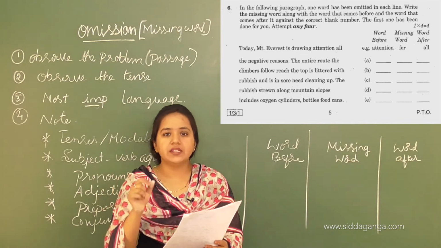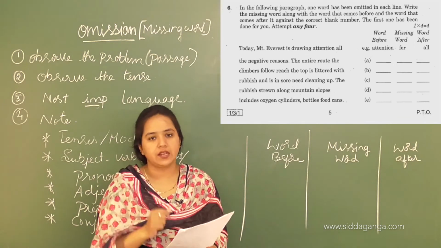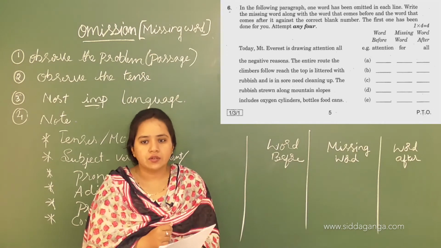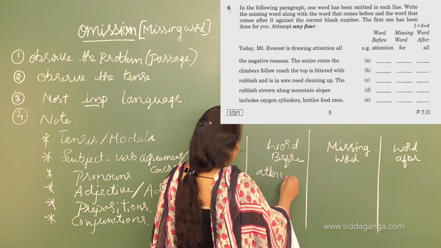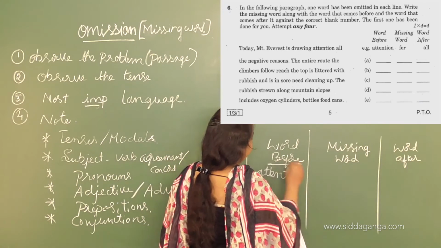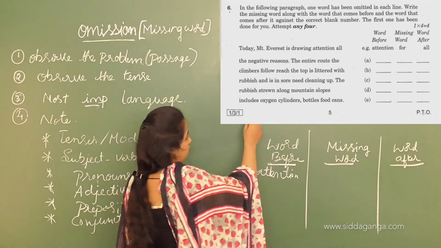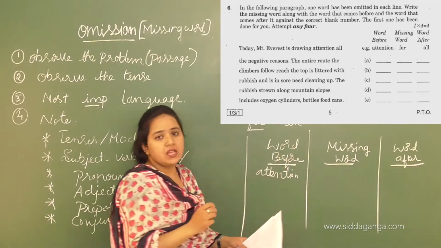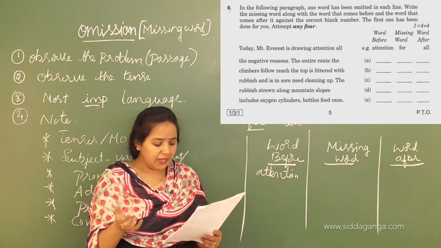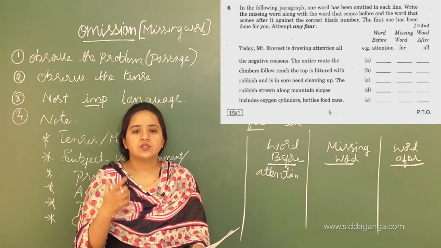So what we needed here, you already have the answer, in the example it has been done. Before the missing word you find attention, and after that you got for all. So in this line, Mount Everest is drawing attention to whom, okay? Whose attention is it getting? Mount Everest.